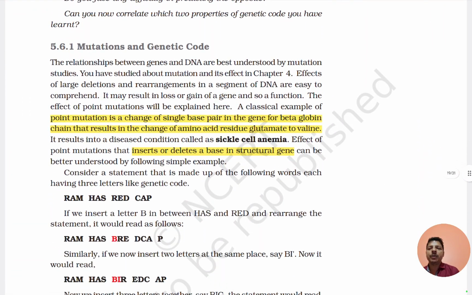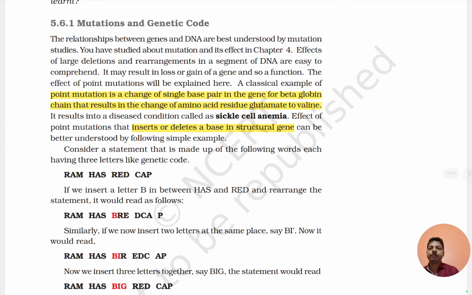Then mutation and genetic code. Here you can see mutation occur. The relationship between genes and DNA is best understood by mutation studies. Effects of large deletions or rearrangements in a segment of DNA are easy to comprehend.